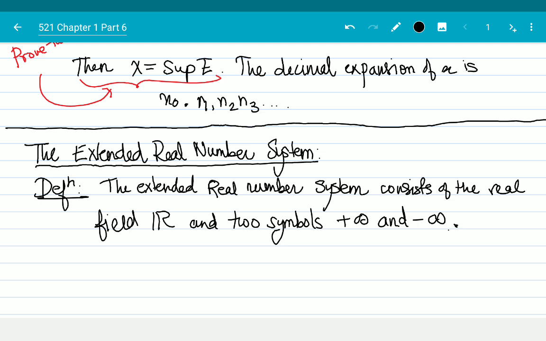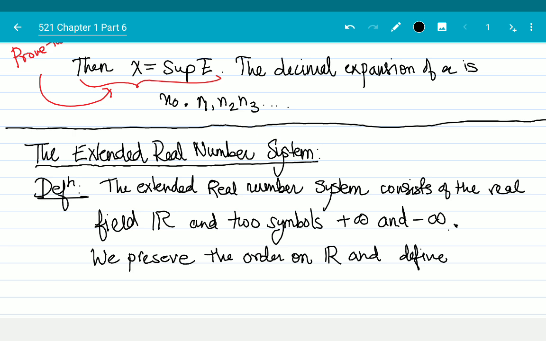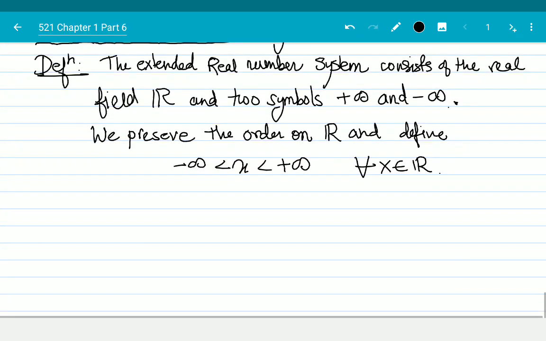We preserve the order on R and define negative infinity is smaller than x, smaller than positive infinity for every x in R. Okay, that is my definition of infinity and negative infinity.